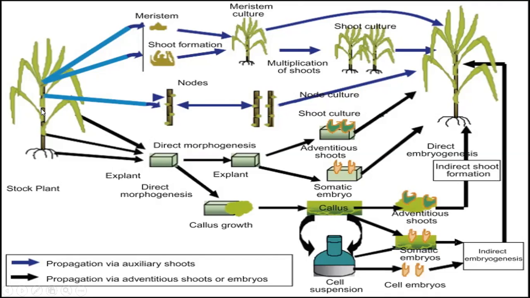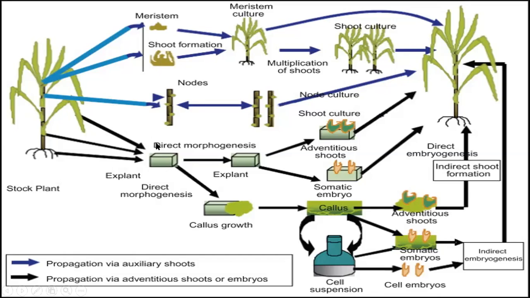From that particular node there is a growth region from where shootlets can be formed, or if we cut them and grow them in the nursery, they also grow into full plantlets. That is nothing but the nodes, which can also be used as an explant.